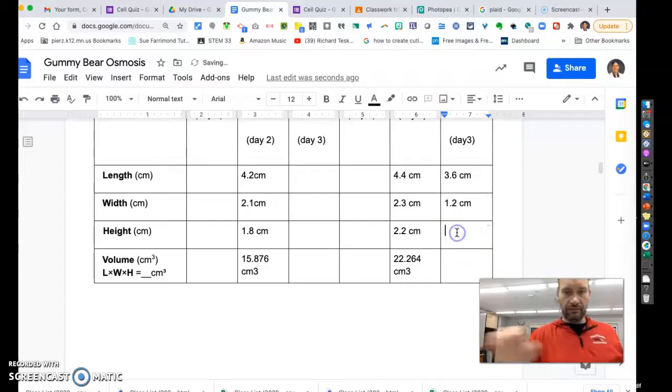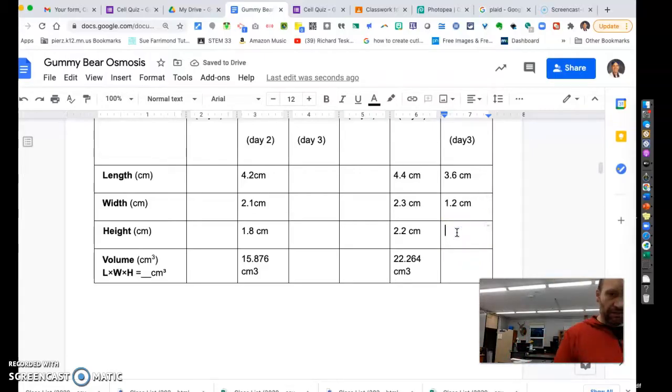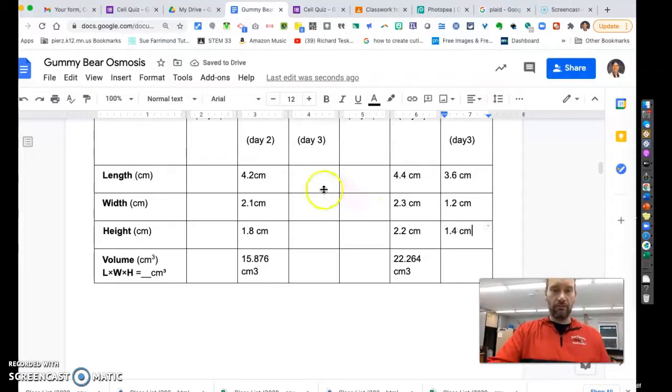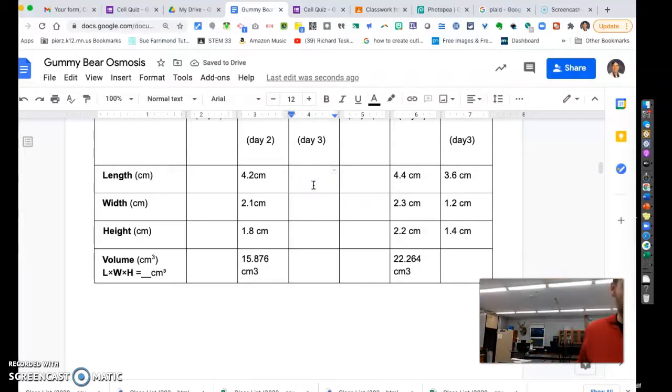And then the height is about, and these are really rough estimates because the gummy bear is so congealed now is the best way to describe it. He's not in tip-top form anymore. All right, 1.4.